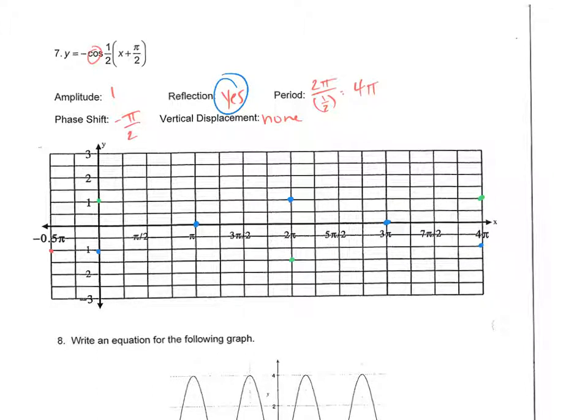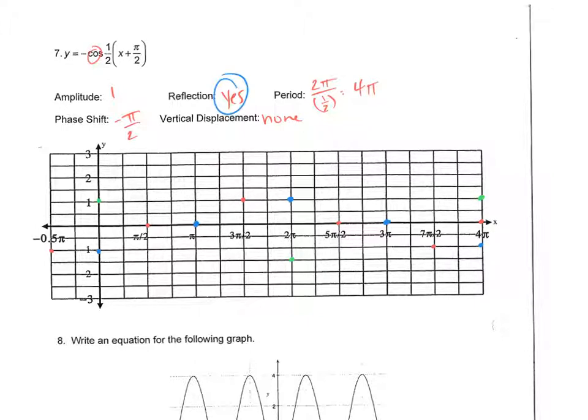So every single blue point here is going to get shifted left to be red. And so I would have another 0 there.